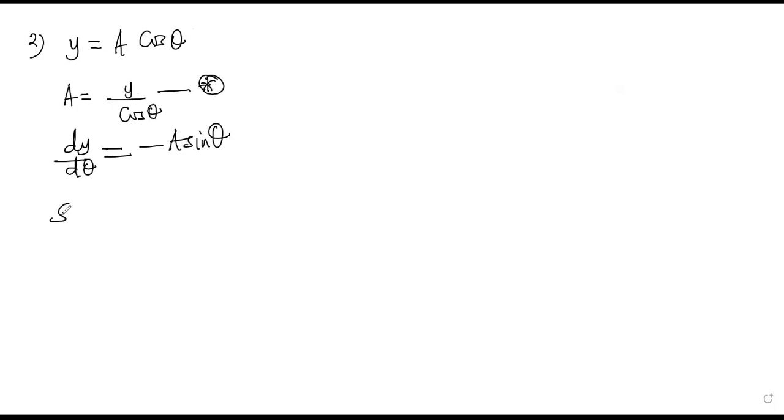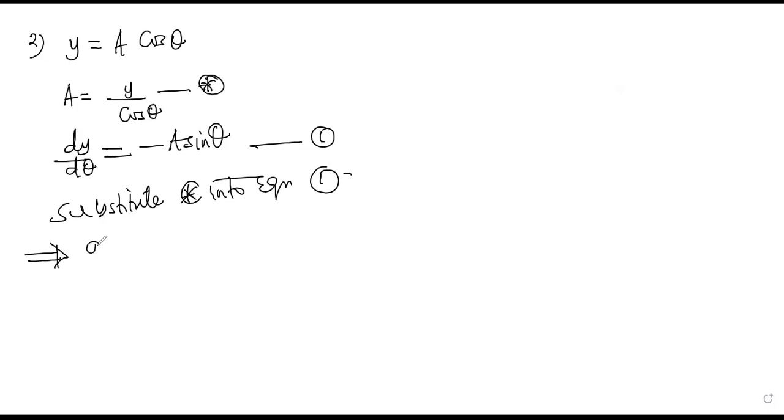So if you have dy d theta as that, now what is remaining is just to substitute for the value of a. So substitute equation star into equation 1. So when you substitute it, you are going to get dy d theta is equal to negative a, so it will be negative y over cos theta, then sine theta. So this is sine over cos, which will be tan.